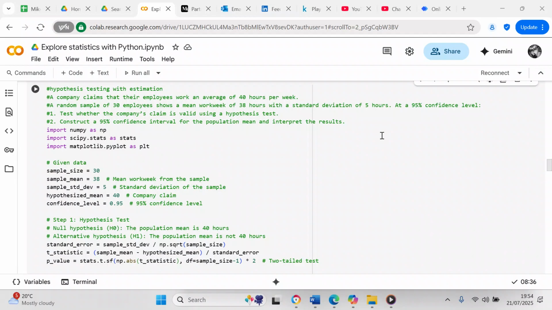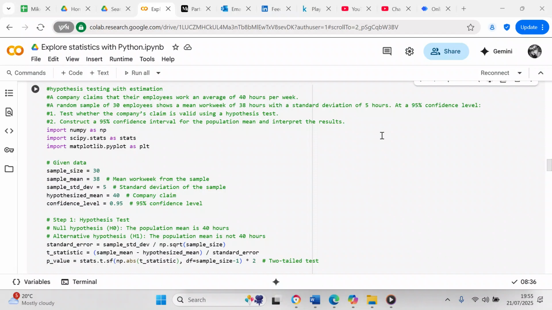A random sample of 30 employees shows a mean work week of 38 hours with a standard deviation of 5 hours. At a 95% confidence level, 1. Test whether the company's claim is valid using a hypothesis test, and 2. Construct a 95% confidence interval for the population mean and interpret the results.